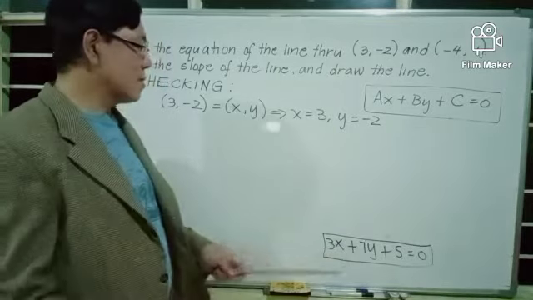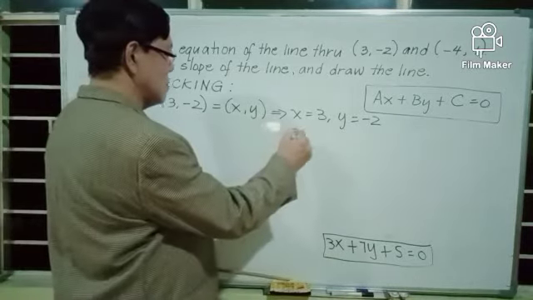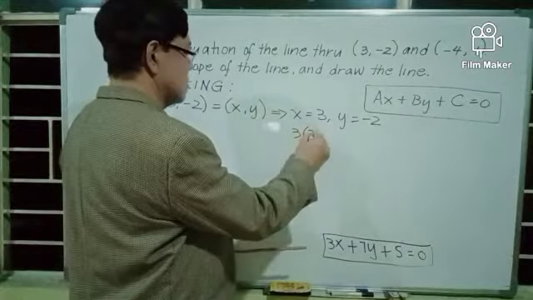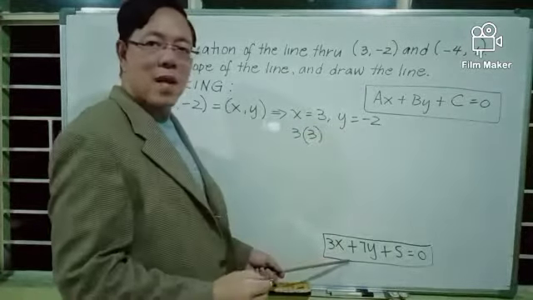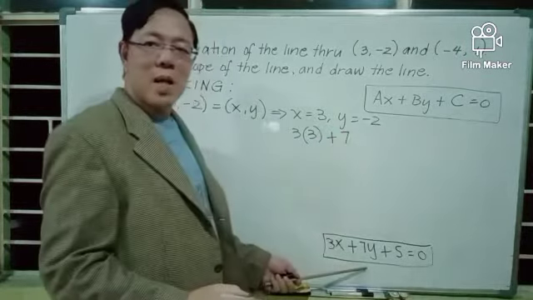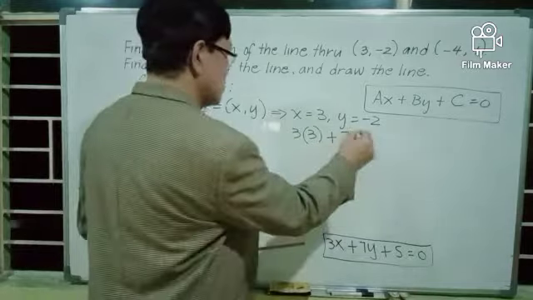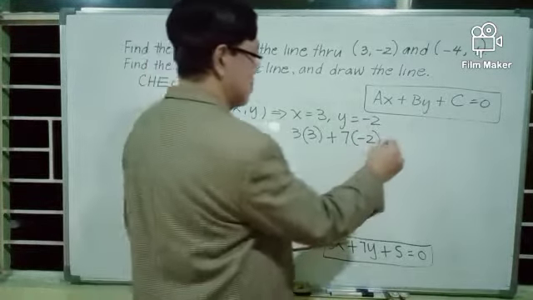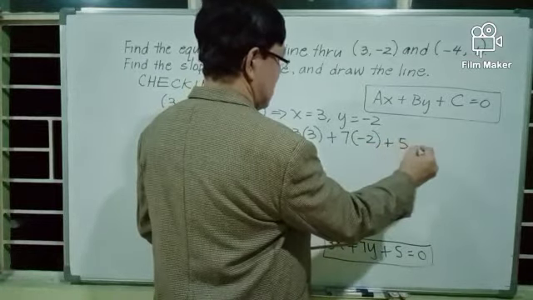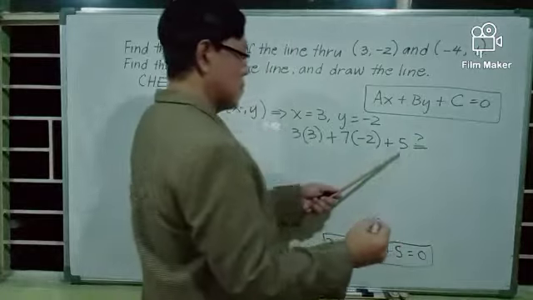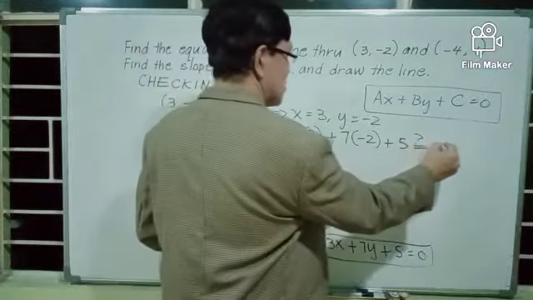We have 3 multiplied by x, which is 3, plus 7 multiplied by y, which is negative 2, plus 5. We want to check if this will give us a total of 0.